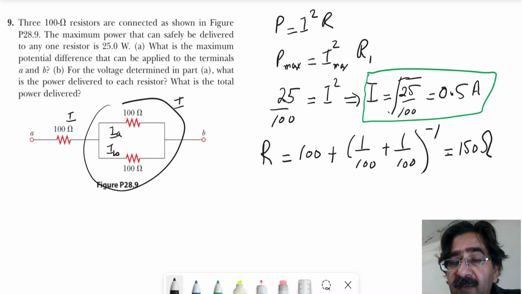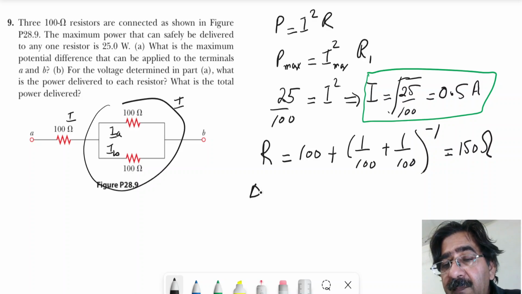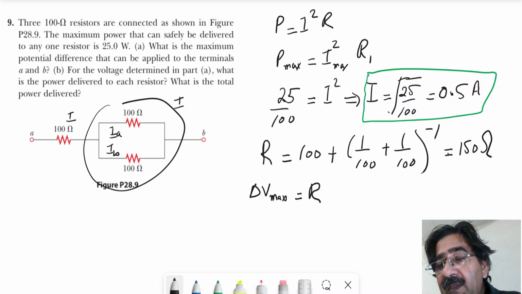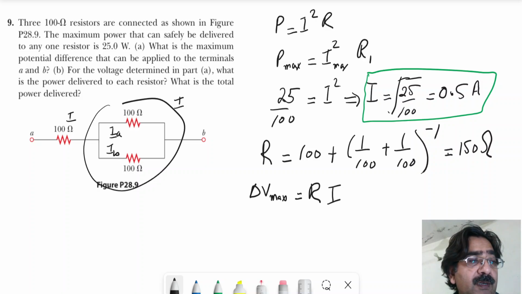So what will be the maximum voltage, delta V max? That will be equal to the total resistance times the maximum current.